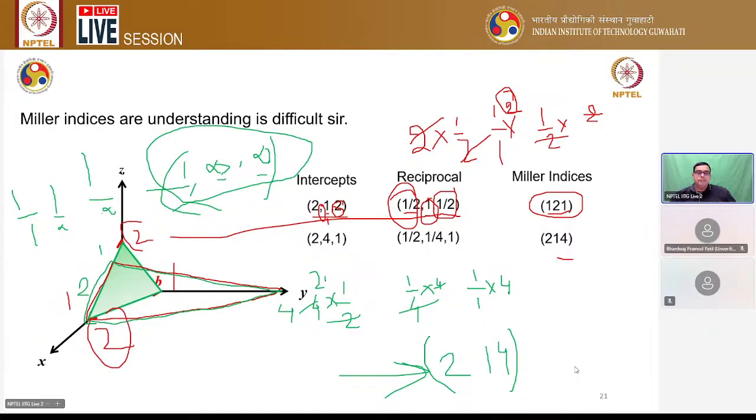In such cases you have Miller indices 1, 0, 0, so you multiply all of this with 1 and you get 1, 0, 0. The reciprocal of 1, infinity, infinity is 1, 0, 0, and this is the Miller indices for an intercept like this. I hope the concept of Miller indices is pretty clear to you.